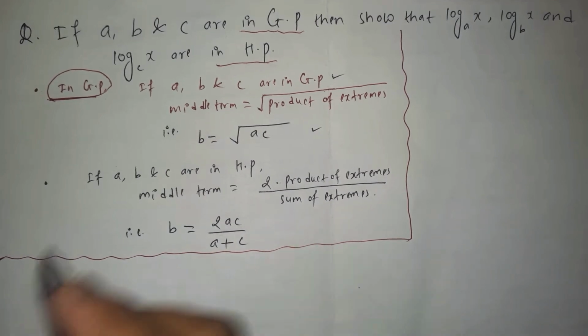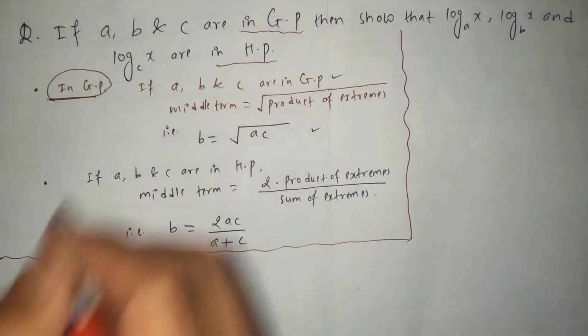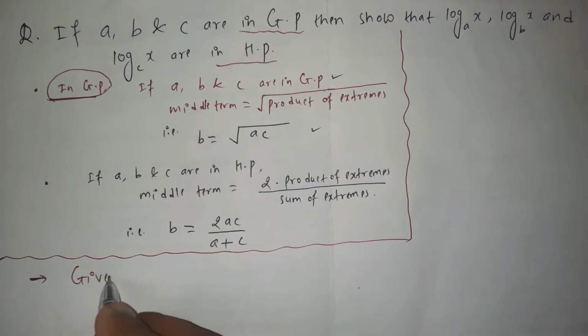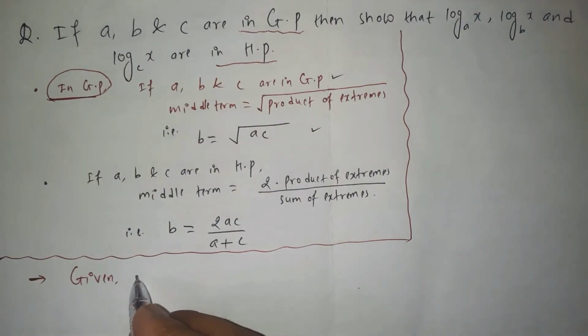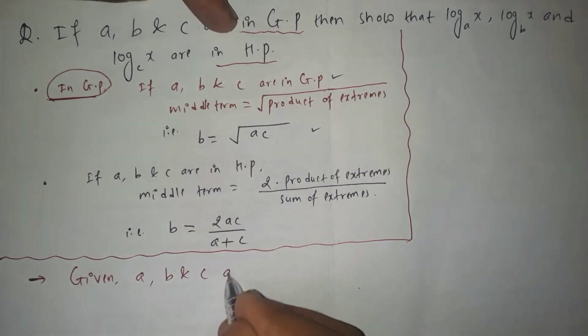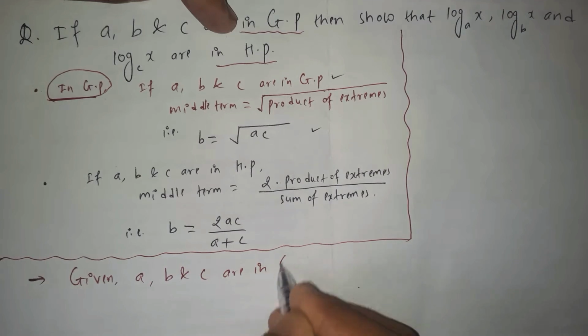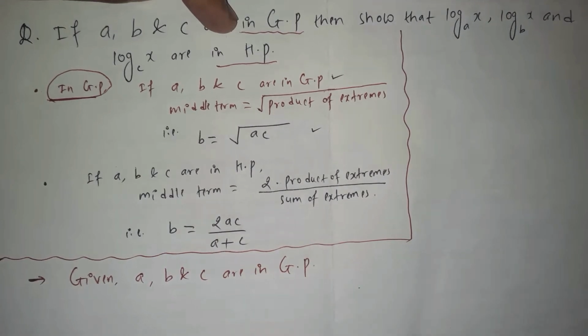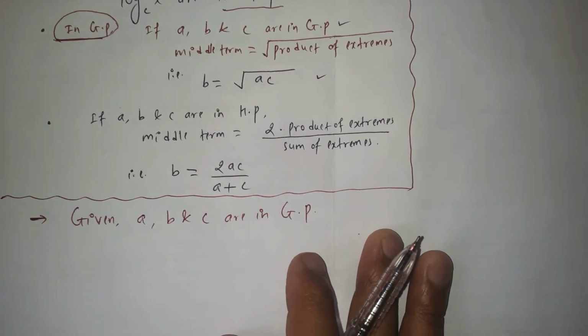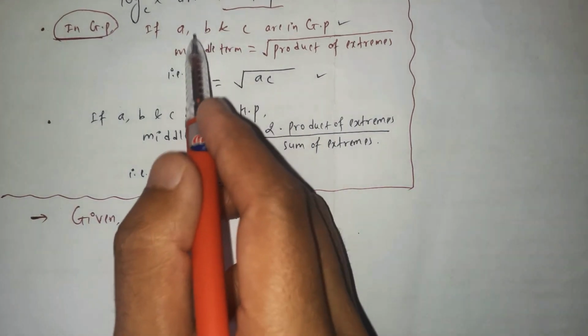Let's go back to the question. The given information is that A, B, and C are in geometric progression, so we can apply this concept.